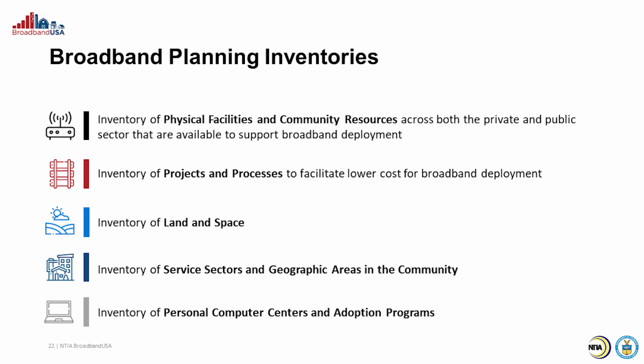You're going to conduct a simple inventory of what we call land and space. You're going to conduct an inventory of the service sectors and geographic areas in the community. And then finally, conduct an inventory of personal computer centers and adoption and training programs, again, to aid the digital inclusion programming that's going to take place in the community.